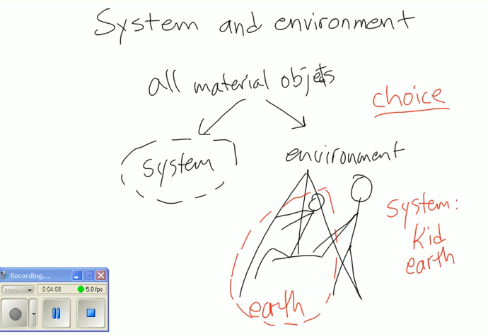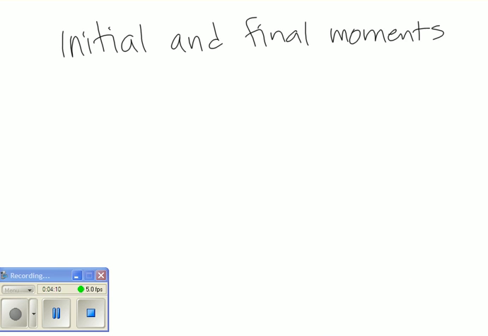Once we divide all the objects in the physical universe into system and environment, we need some way to deal with the fact that time passes and things change. So from the continuous stream of reality, we pick two moments. This is another choice. Two choices.